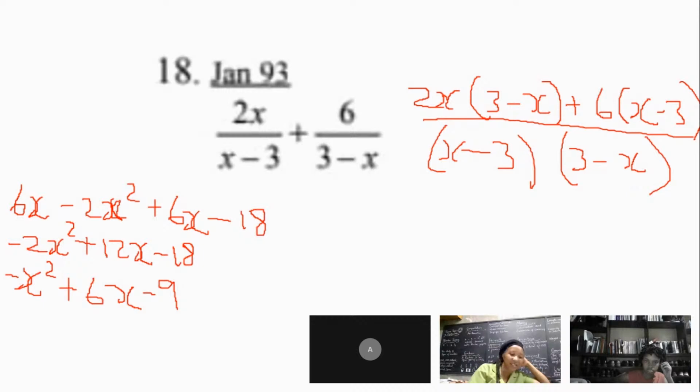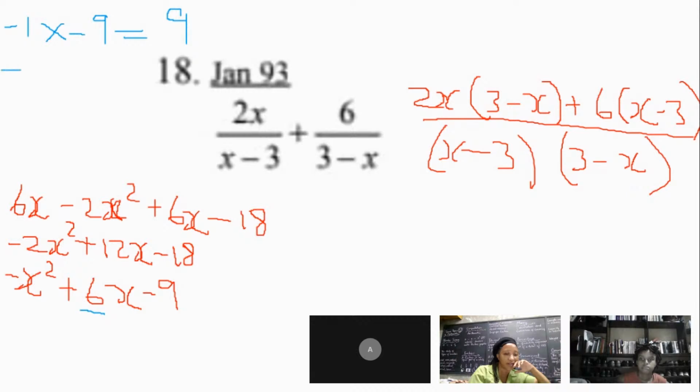Can we factorize this quadratic? Yes, miss. Multiply the two: negative 1 times negative 9 gives 9. And which two factors of 9 add to give 6? 3 and 3, miss.